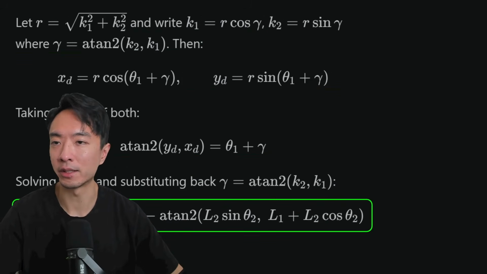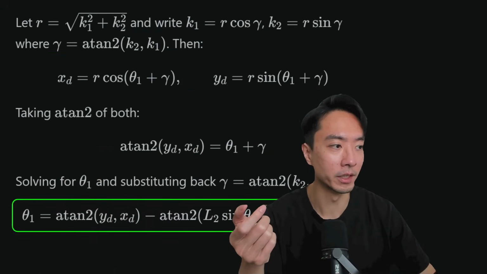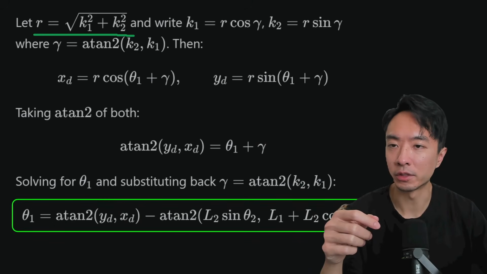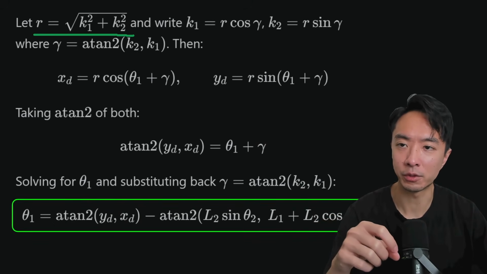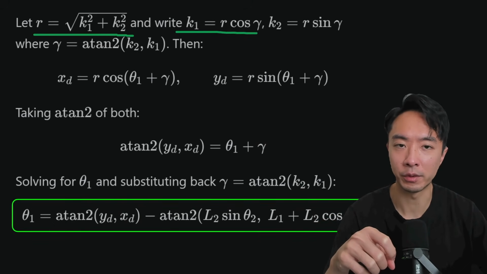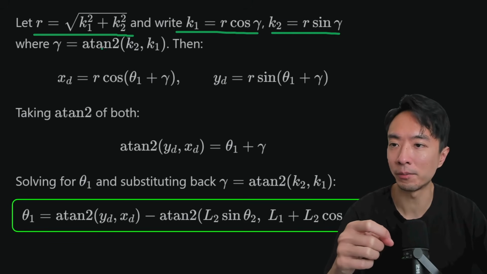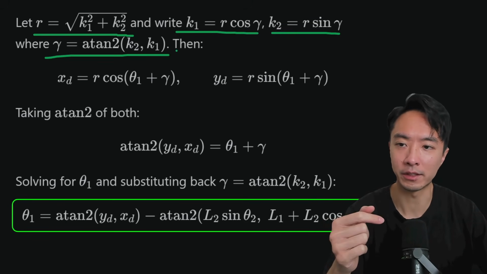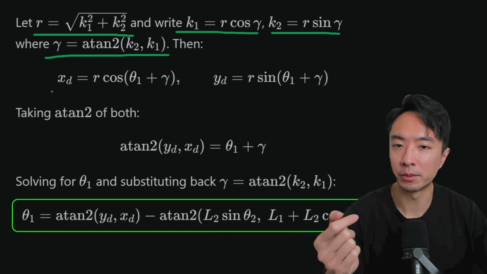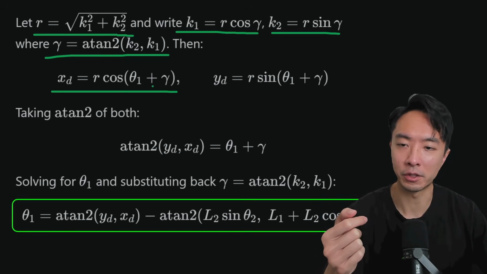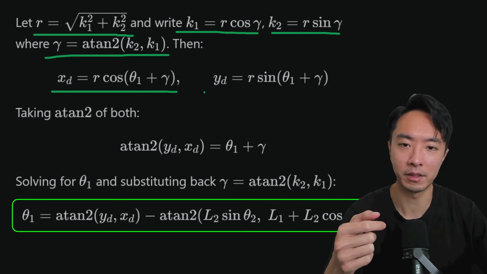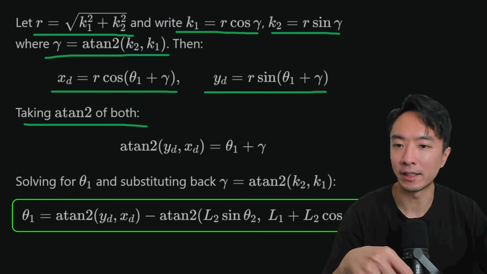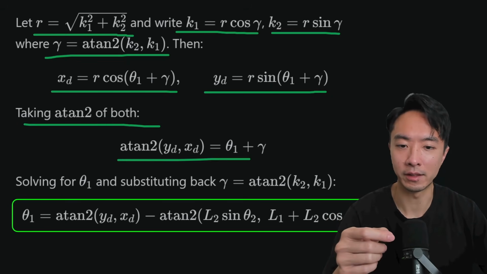If we go to the next page, you could see we just do more manipulation with the different variables. We let r equals the square root of k1 squared plus k2 squared. We could write k1 and k2 in this form, where gamma equals atan2 of k2 and k1. Then we could replace the variables, and we have xd equals r cosine of θ1 plus gamma, and yd is r sine of θ1 plus gamma. We take atan2 of both, and then we get this expression.